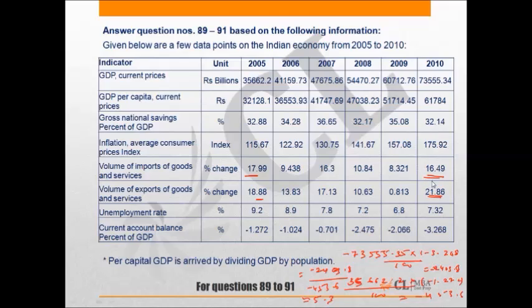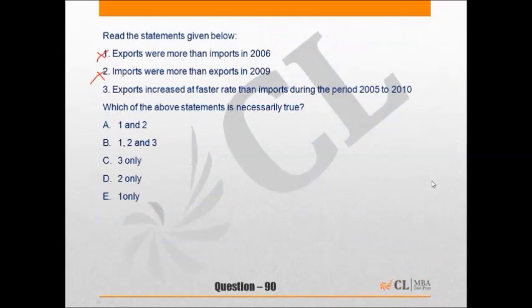So from here it is obvious that exports grew at a faster rate compared to imports during the period 2005 to 2010. Therefore, statement 3 is correct and option C states only 3 is correct. Therefore, option C is the correct answer.